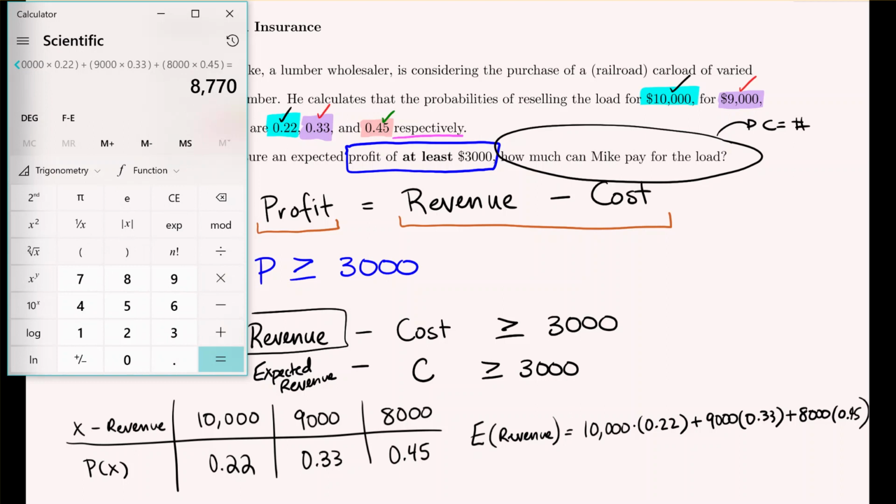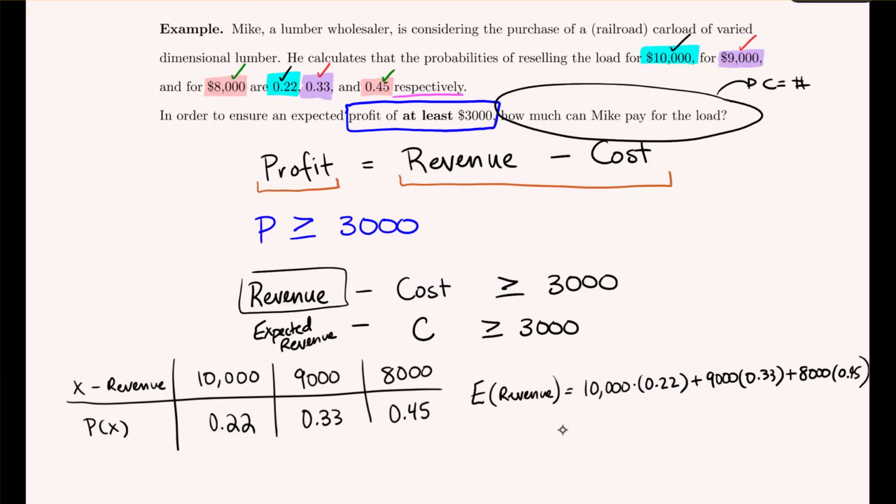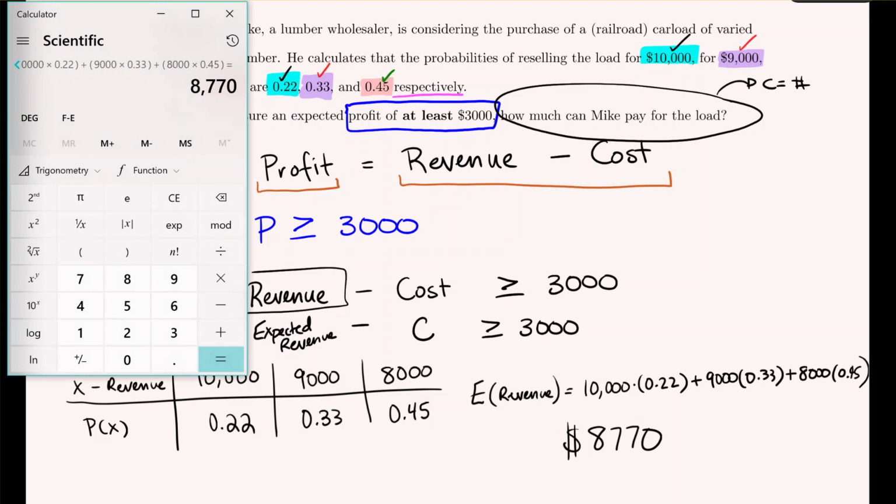And when we calculate that, we get the expected revenue based on the revenue for each different price point and their likelihoods of selling at that price. Our expected revenue is $8,770. So that is the most likely revenue that we would make based on the different prices and their probabilities.